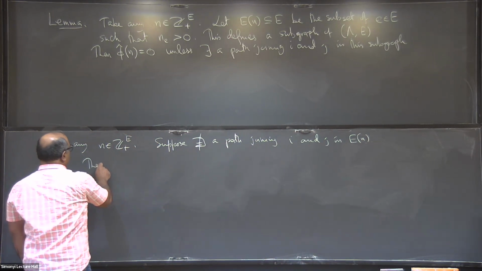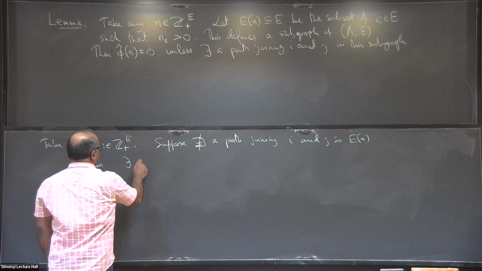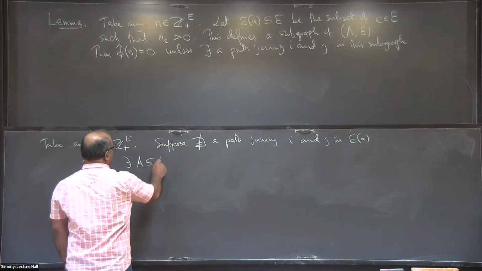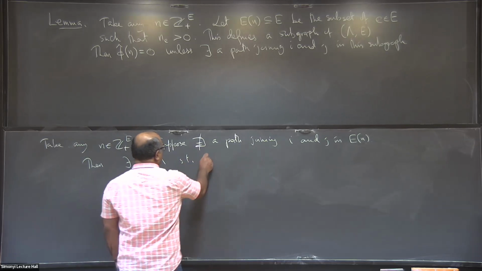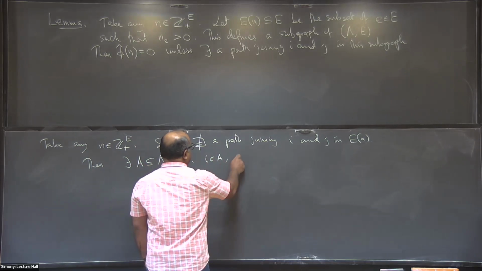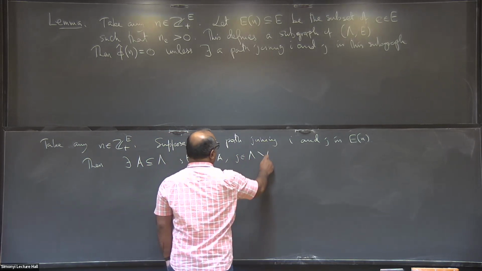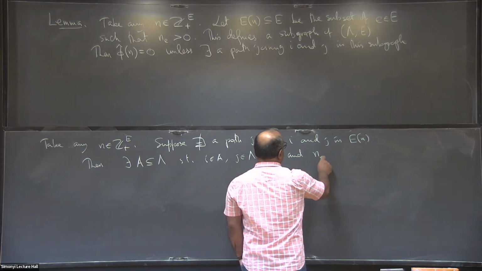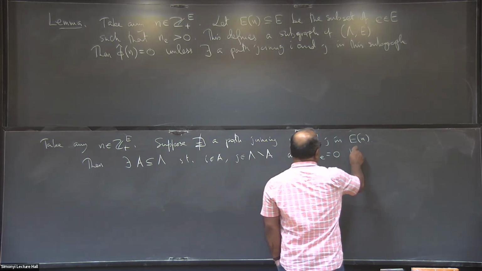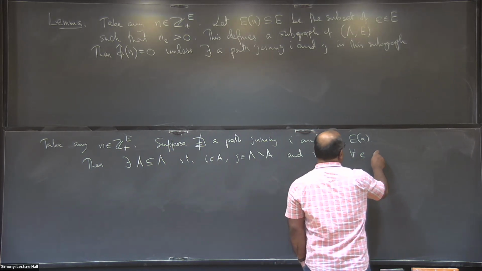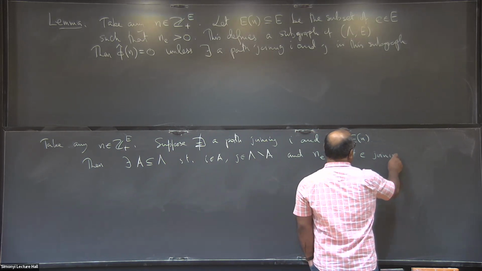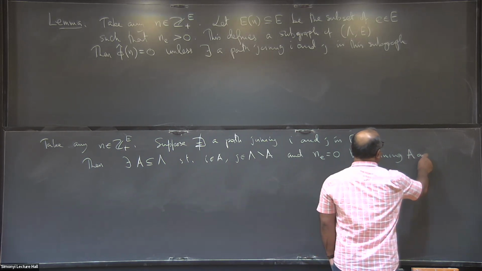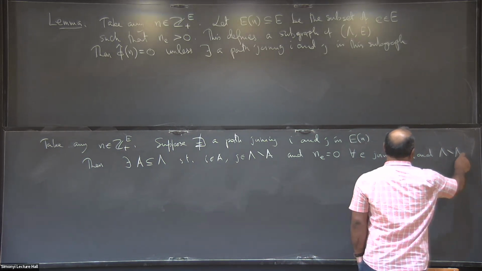Then there exists some A subset of lambda such that i belongs to A, j belongs to the complement of A, and n_e equals 0 for all e joining A and its complement.